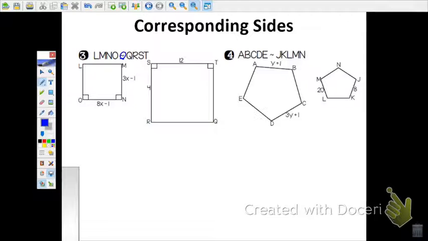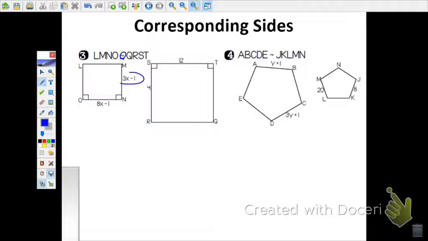Scale factor, we just have to match up any 2 pairs of corresponding sides. What we have here, though, is both of the sides in our smaller quadrilateral have the variable. So we're going to be able to set up a scale factor. It's just not going to be in numeric form.